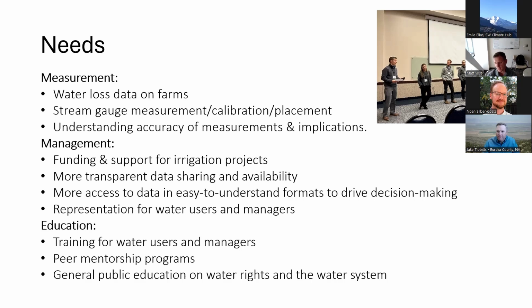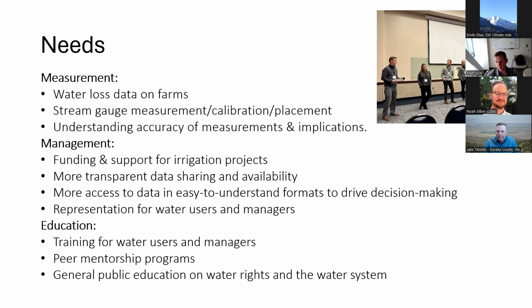So there's a need to incentivize that, to make it safe, but be able to share that data so that better management can occur. Related to that, it's just greater access to the data, in easy to understand formats, right? Water use on farms, in irrigation systems, so that we can make better decisions.